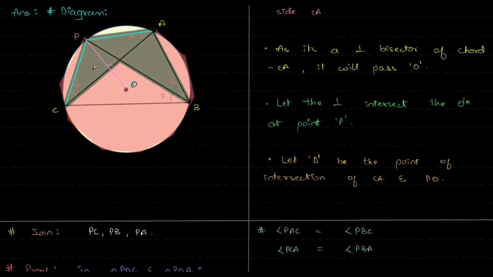This angle is X. This angle is X. This angle will also be equal to X, is it not? Because they are on the same segment of the circle, right? So that's what I have written here. PBA is this, which is equal to PCA, right? Agree? Okay, those two are equal.